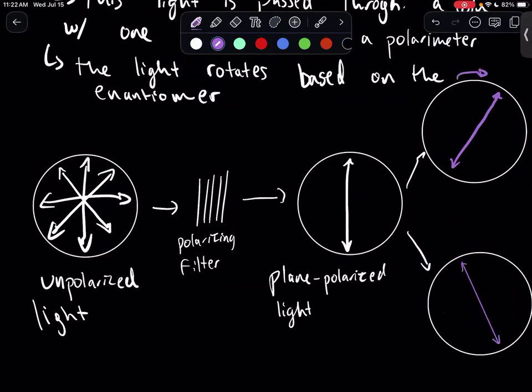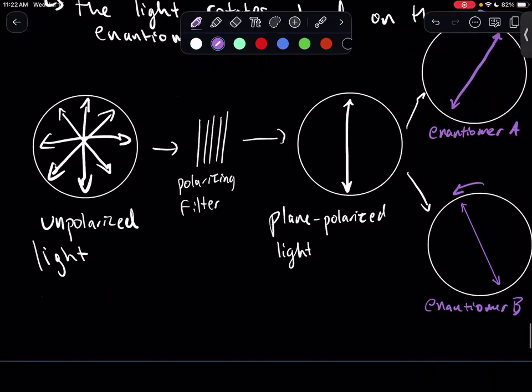So it's either going to rotate it clockwise or counterclockwise. And this will be enantiomer A versus enantiomer B. So each optical isomer will rotate the light the same amount, but in different directions.